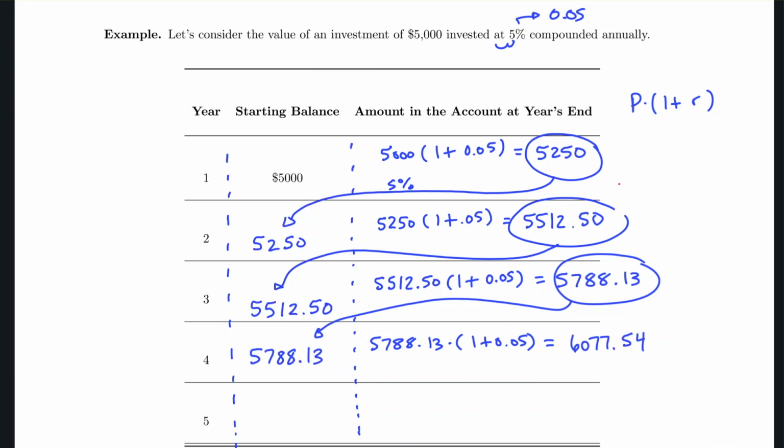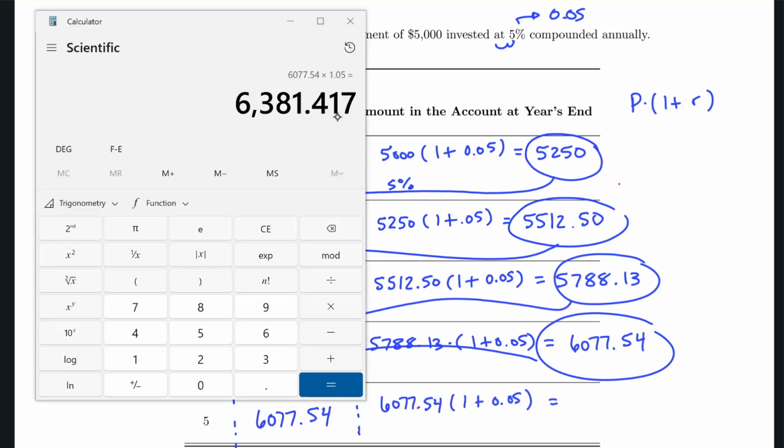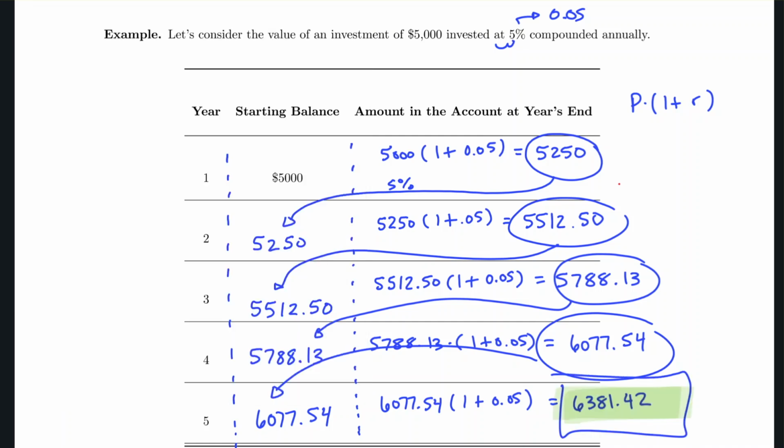And then to calculate the amount in our account after the 5th year, we bring our new principal down, find the interest on that principal after 1 year at 5%. And when we round this to 2 decimal places, this 7 is in the 5 or greater category, so this rounds up to 42. So 6381.42. And that will be the amount of money in our account after 5 years.